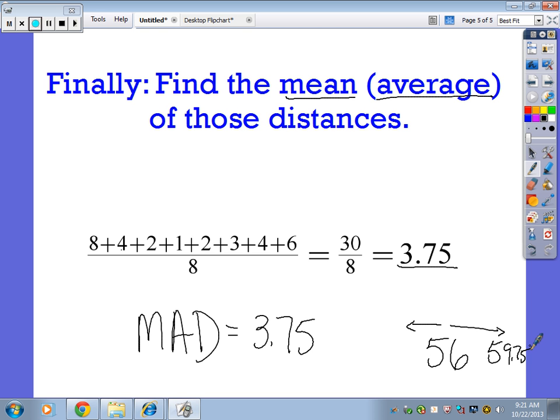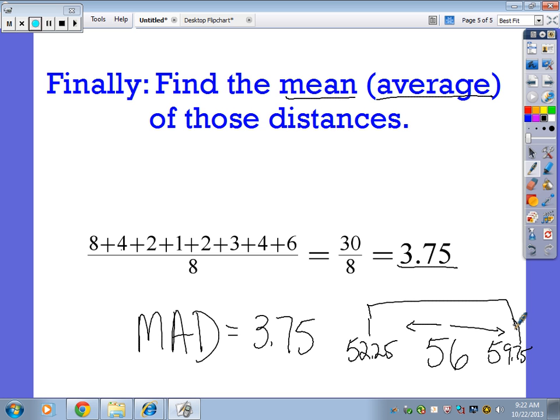And then to the left, we want to subtract 3.75, so that's 52.25. All right, so we can say that most of our data falls in that range right there, from 52.25 to 59.75. So that's kind of another way to figure out how far away the data is from the mean.